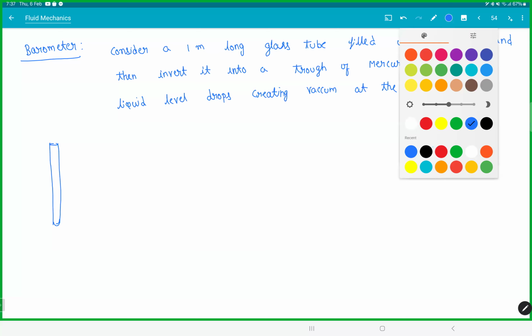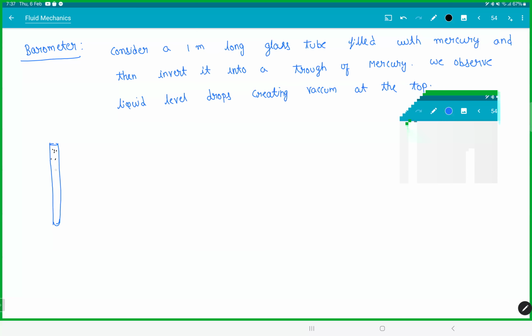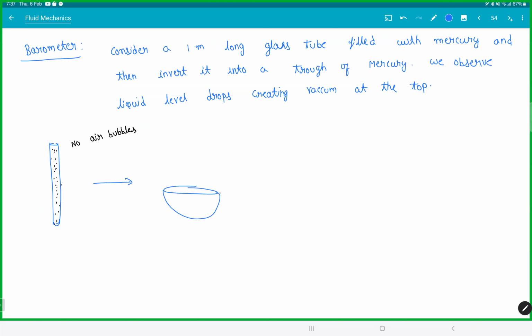We take a 1 meter long tube, we fill this whole thing with mercury, make sure there are no air bubbles. Normally what they do now, they fill with mercury and they tap the whole thing. They just hit it a few times so that if there are any air bubbles, they will escape. There should be no air bubbles. Then you take a small bowl of mercury and then you invert this inside.